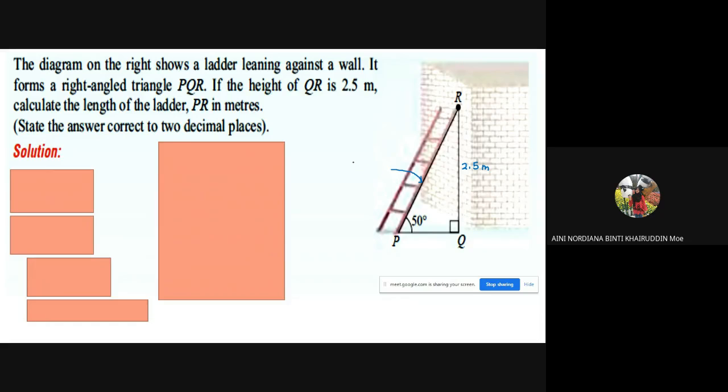It starts with letter H. Hypotenuse, teacher. Yes, hypotenuse. So now you know the angle. You want to calculate the hypotenuse, and you know the opposite of this angle. So what is opposite over hypotenuse?